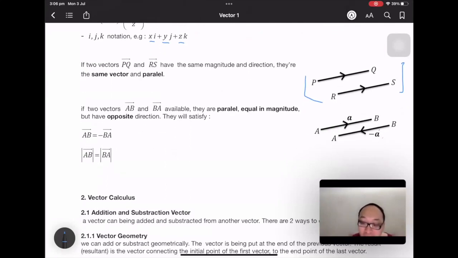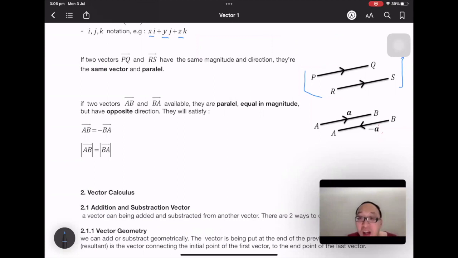But if they have different direction, we can say that they are parallel, equal in magnitude, but opposite in direction. So they will satisfy this expression. We can put the negative in front of the vector. Negative here means the opposite direction.